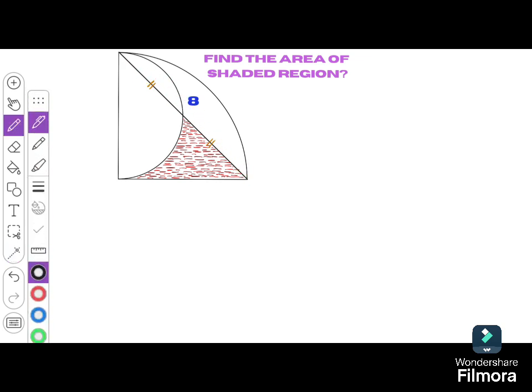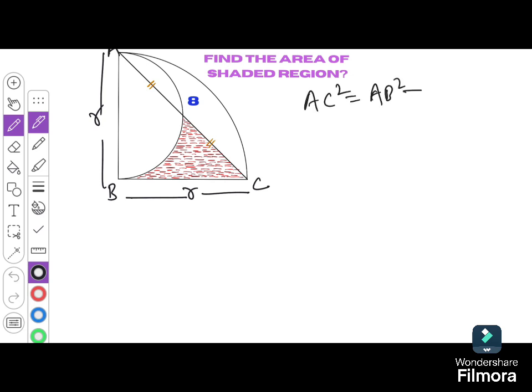So first I will try to find the radius of this quadrant, and we will apply the Pythagoras theorem here. Let's suppose this one is A, this is B, and this is C. So AC square is equal to AB square plus BC square. The length of AC is 8, so 8 square, AB is R square, BC is R square. 64 is equal to 2R square.